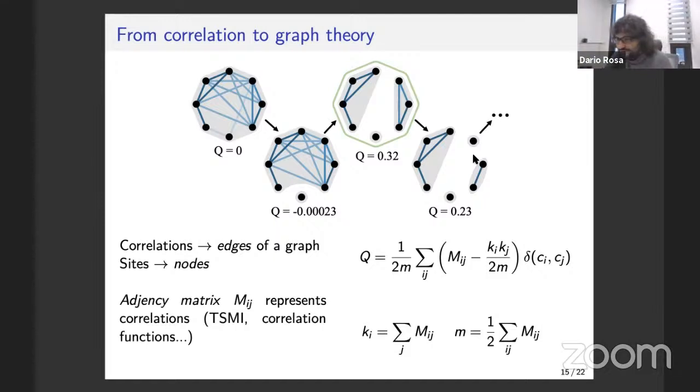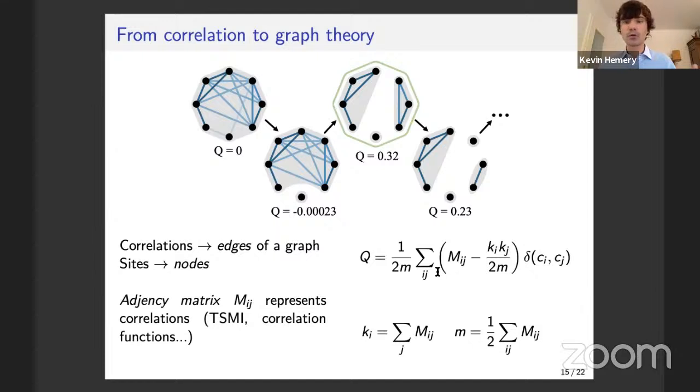So Q is a quality measure, something taken from graph theory, and it tells you how good the clustering of the system is. The mathematical formula is a bit complicated, but essentially it compares your partition with the same partition done in a random graph, and it tells you how much better you are than in this random graph.